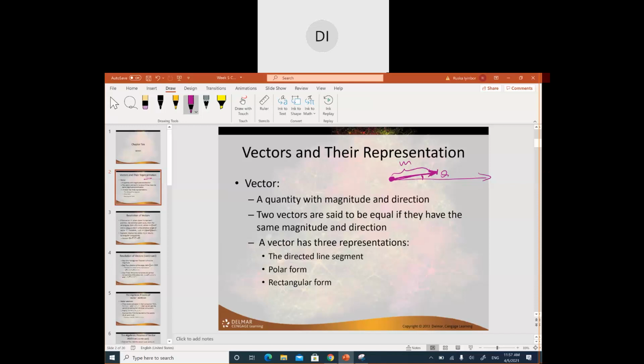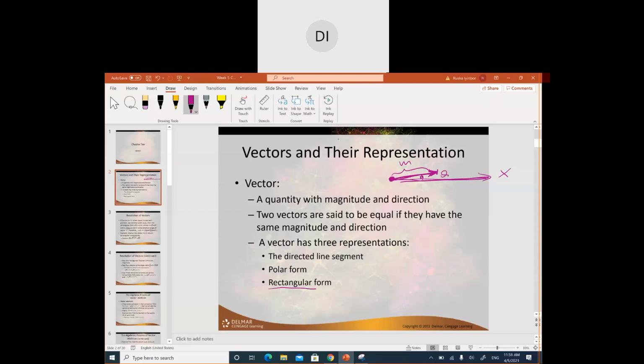Now, if you remember, last time we talked about rectangular and polar coordinate forms, right? So vectors are also represented the same way as points, like numbers, in those two different forms. So you can have polar or you can have rectangular coordinates.